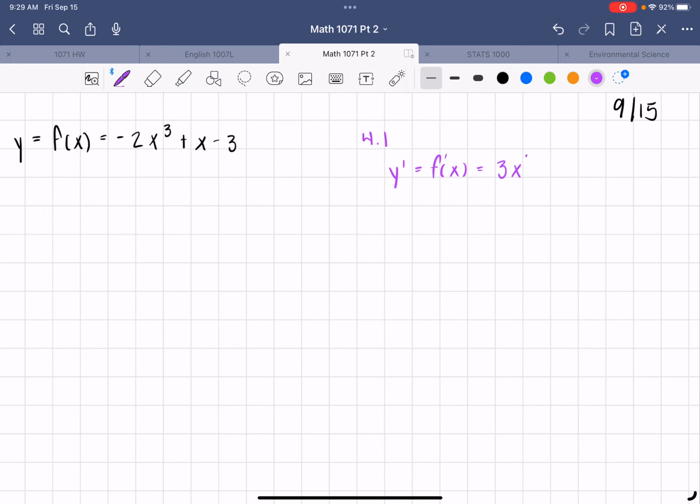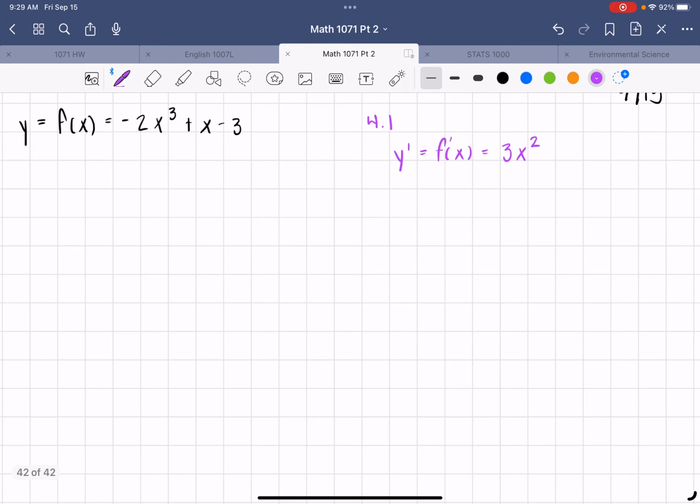That's the pattern we're going to be seeing. If you had x to the n, the derivative is n times x to the n minus 1. The power comes down in front like a coefficient. The new power is 1 less. And coefficients stay. You see, you have a coefficient of negative 2. A coefficient stays. Why? We're about to see that.